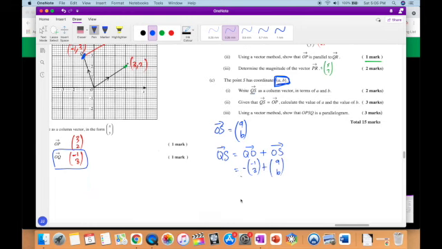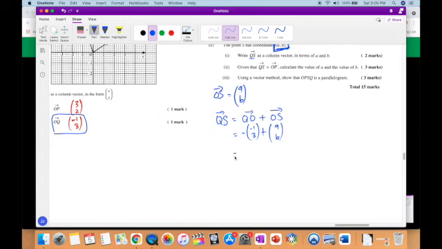So therefore, this is multiplied by a scalar, so this will actually be +1, -3 plus AB as a column vector in terms of A and B. So you're expecting a column vector here. So the X value is 1 plus A and the Y value is B minus 3. So this here is your QS, which is a column vector in terms of A and B.